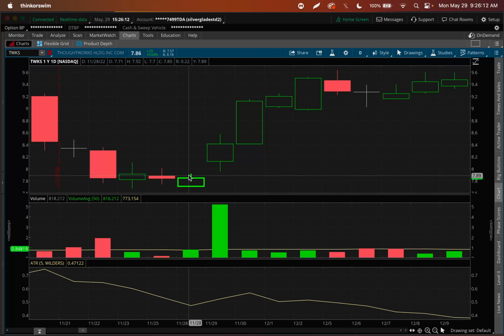So for this example, let's do this math again: 0.47 divided by 7.85, so the ATR is 6% roughly. That means I could set my first take profit at 75% of that ATR, so roughly 4.5%. Then I could set my next take profit at 6%, which would be 100% of the ATR.